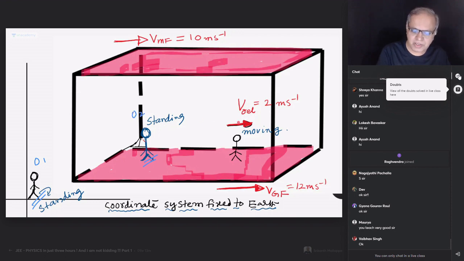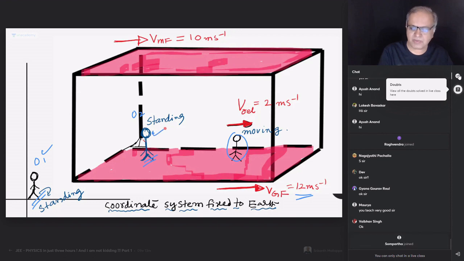He is the observed body, this fellow. So let me say this bus is moving with 12 meters per second from his perspective. And from his perspective, let me say this fellow is moving with 2 meters per second. With his perspective, he is moving with 2 meters per second.